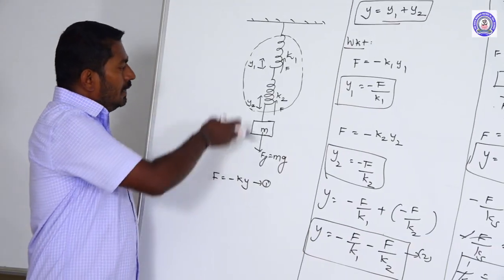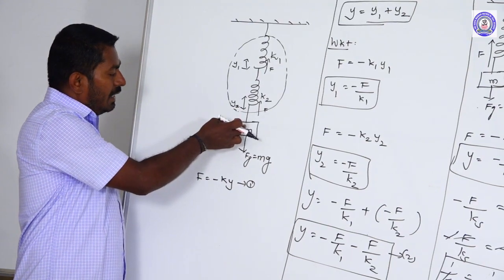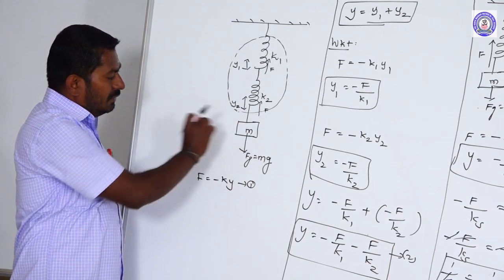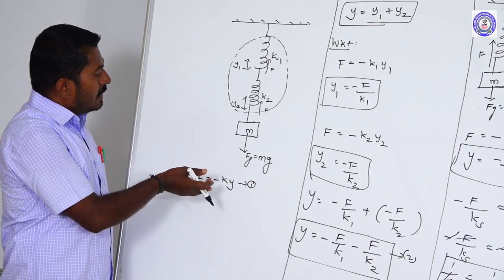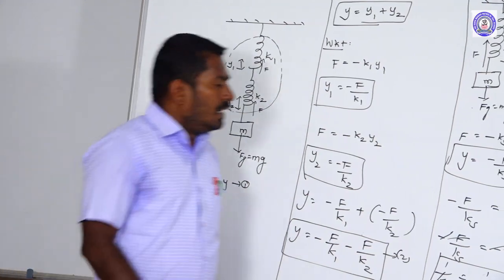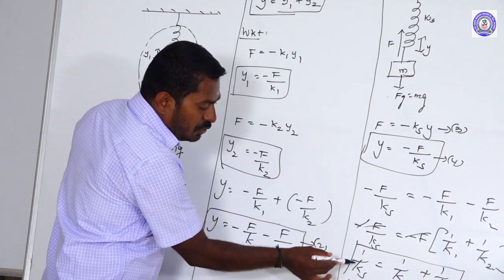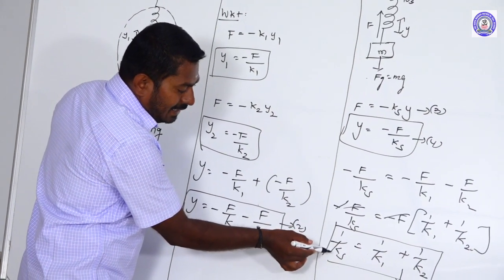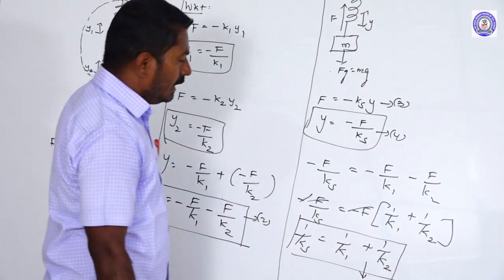Now these two springs are connected in series, and the lower end of the combination is connected to the mass m, oscillating in the vertical direction, executing linear simple harmonic motion. The reciprocal of the effective spring constant, 1 divided by Ks, is equal to 1 divided by K1 plus 1 divided by K2.